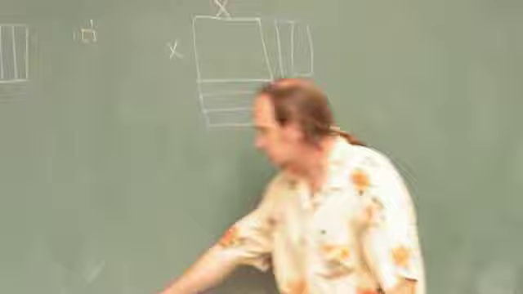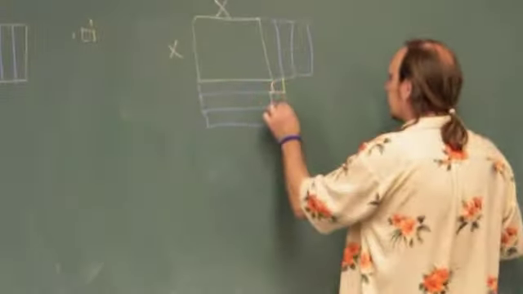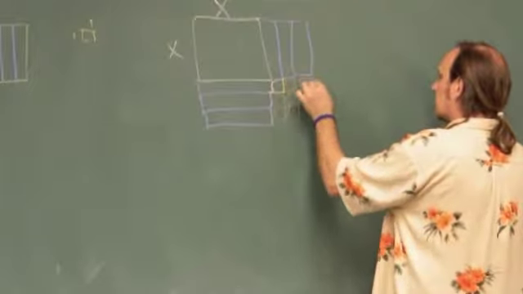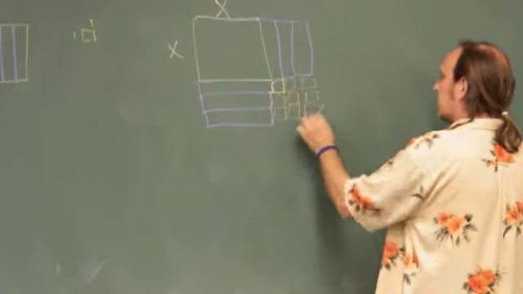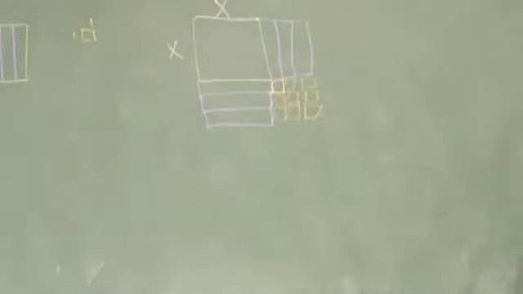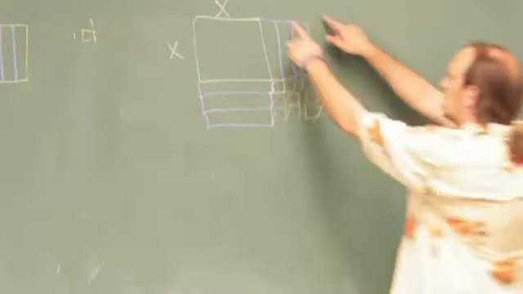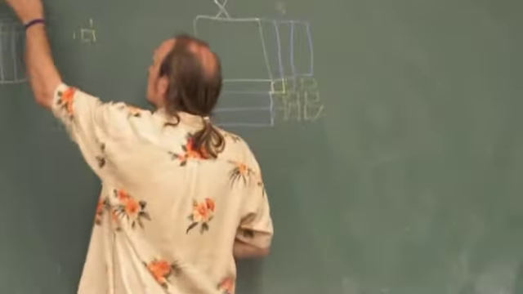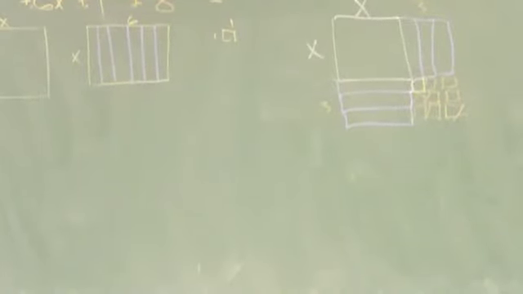That always works. 1, 2, 3. So we added 8 of them in. And what do we have here? What does that square have for dimension? Right, it's an x plus 3 squared.